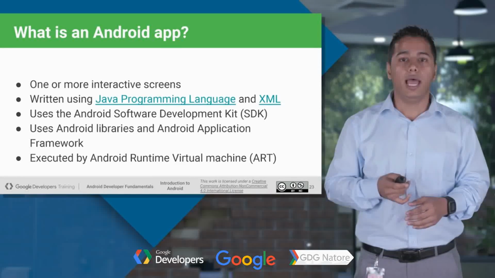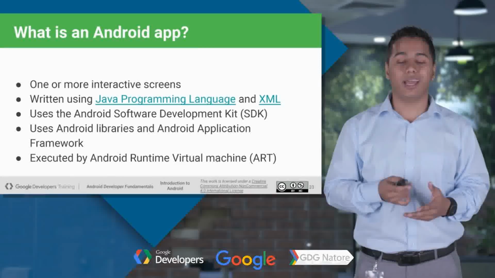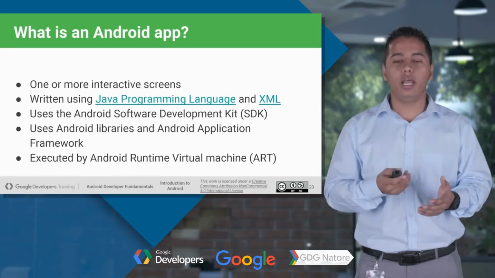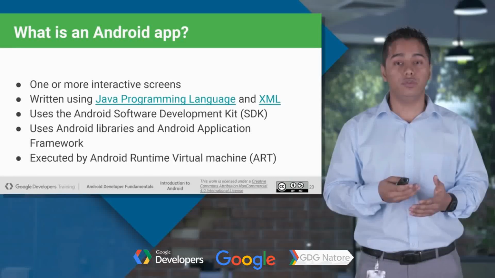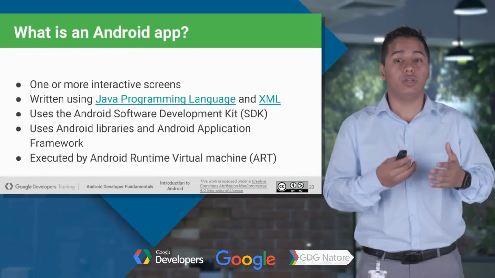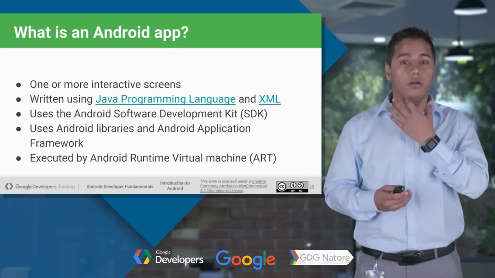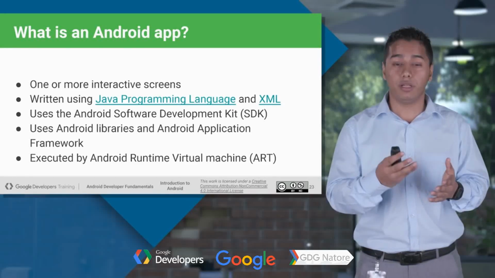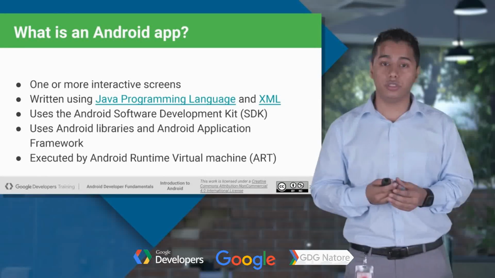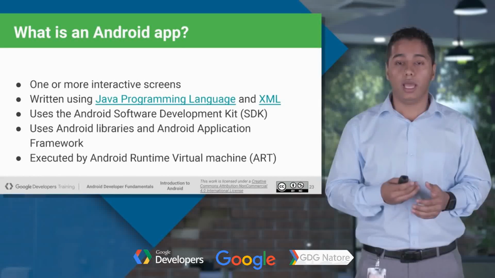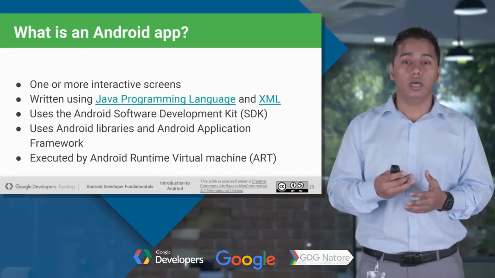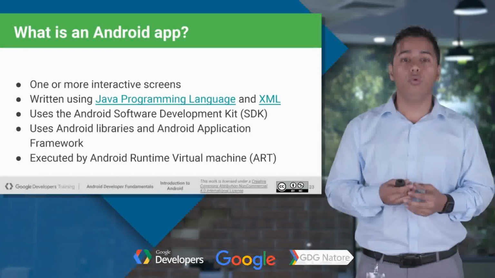So now there will be a complete walkthrough of this XML part also when we will be doing our UI design. And of course, you will be needing your Android SDK, that is your software development kit, and the Android libraries. Now these libraries give you some extra features which you don't have as of right now in your SDK. So these libraries will give you, for example, material design. Material design is the newest addition in Android 5.0, and if you want to make use of material design in the versions below 5.0, you won't have access.